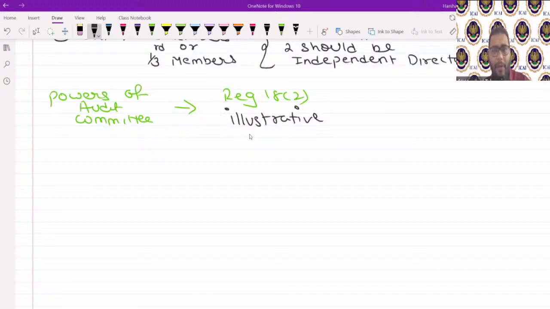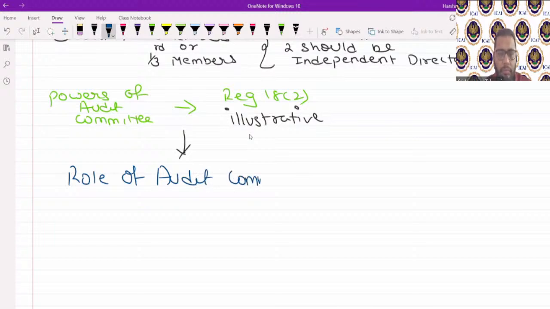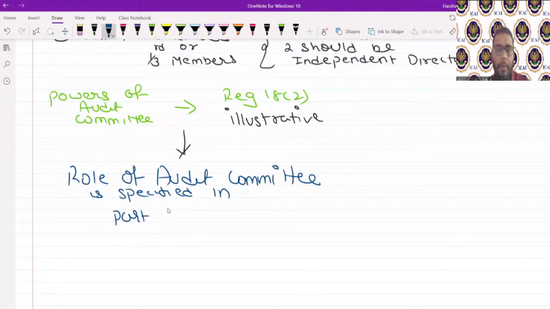Now, additionally to regulation 18.2, there is another requirement for the audit committee. That is the role of audit committee. The role of audit committee is specified in Part C(A) of Schedule 3.